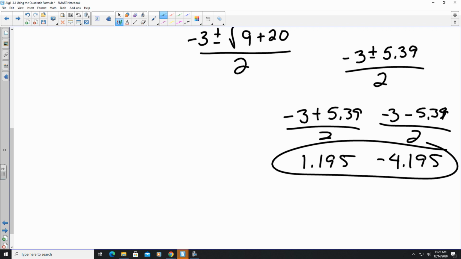Those are my two solutions. If you were asked to find the x-intercepts for this particular one, my x-intercepts would be 1.195, 0 and negative 4.195, 0.